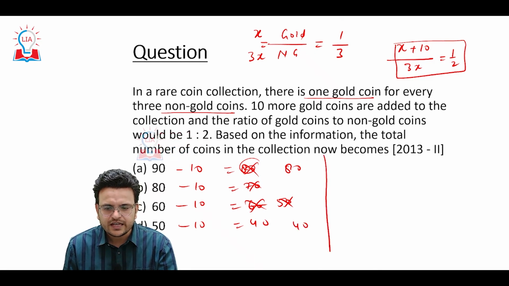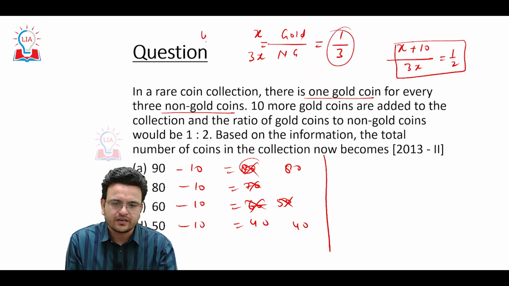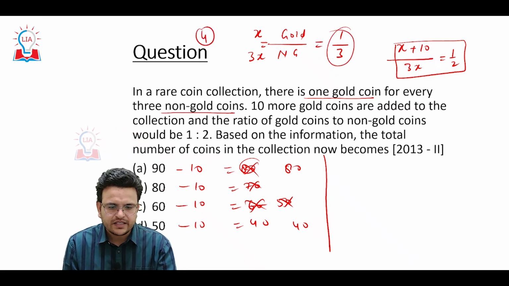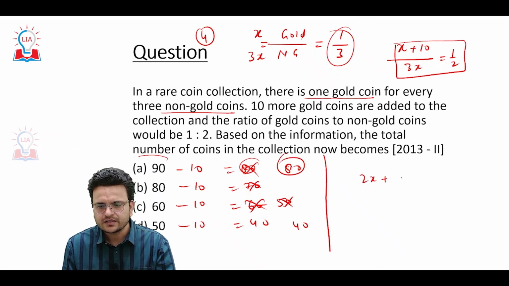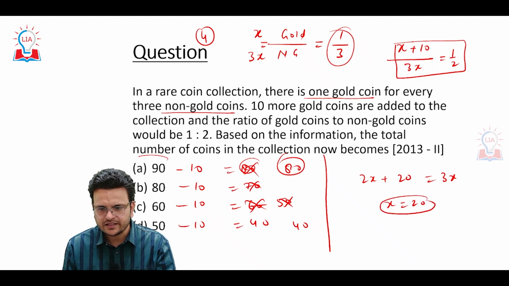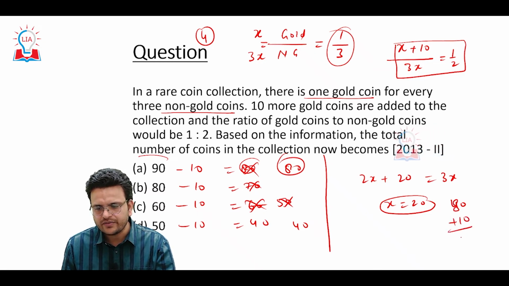This is one way you can eliminate the options, because the sum of the ratio is 4 and 4 can divide only 80 and 40. Second way, just solve this equation: 2x plus 20 is equal to 3x, and x will be 20. So the total coins earlier were 20 into 4, 80, and plus 10, now it became 90.